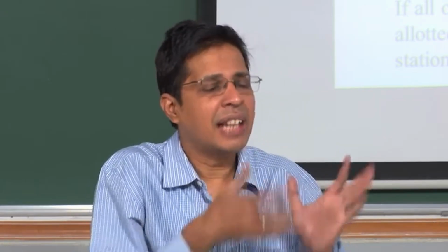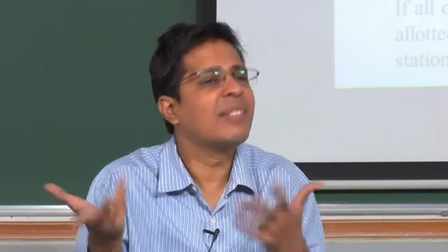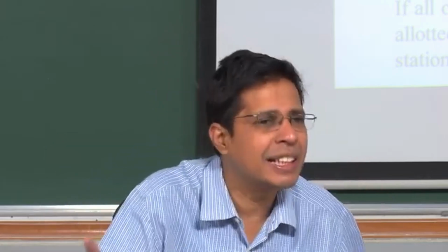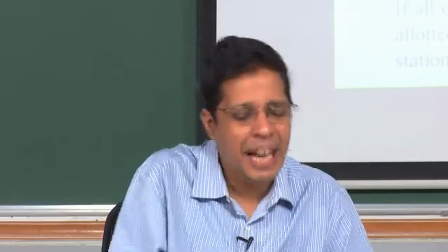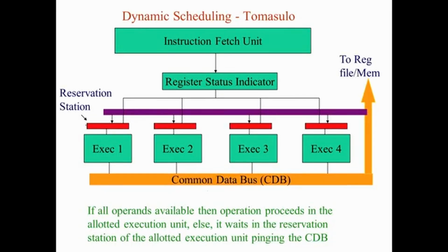So I know that in add R2, R3, R4, the R3 value is not available to me, it is currently being computed. That instruction is an add instruction, it can execute on one of these execution units, say 1. So it will come there and wait in this reservation station, waiting for that R3.